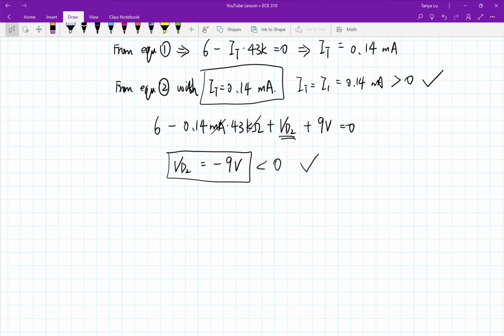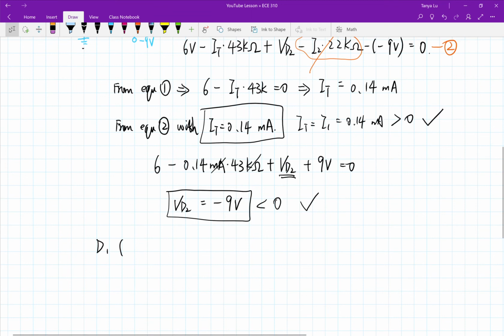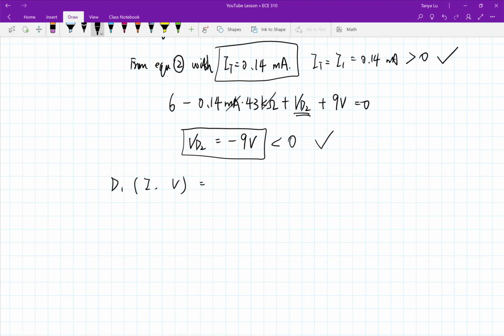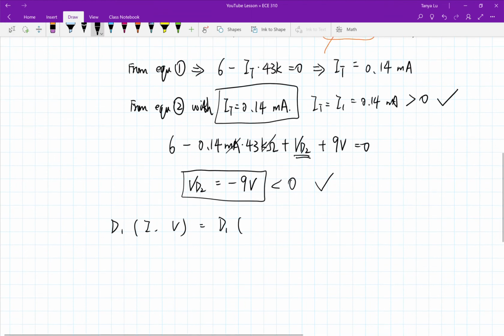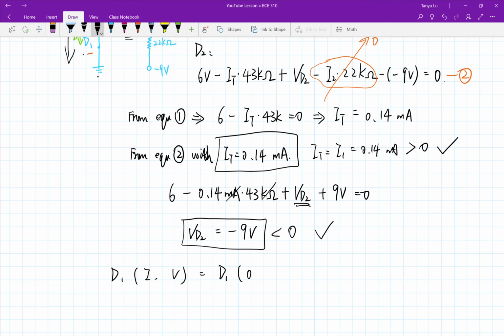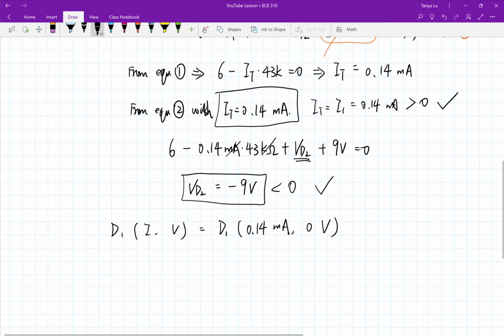Now what we need to do is write down the Q point. So for our D1, I like to go by current and V because we want the IV curve. So our D1 will be current, which is 0.14 milliamps, and 0 volts because the voltage drop across a perfect wire is 0.